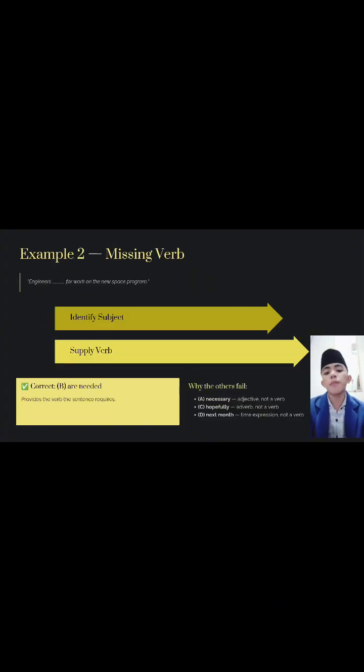Example number 2, missing verb. Engines, blank, forward on the new space program. Identify the subject and the verb. The right answer is B, are needed, which provides the verb the sentence requires. Why do the others fail?